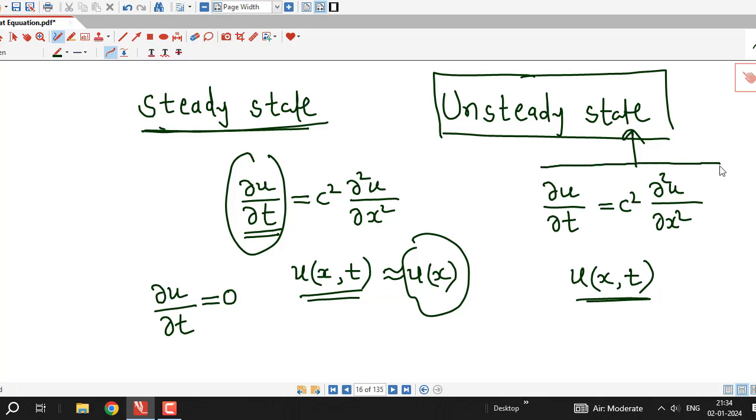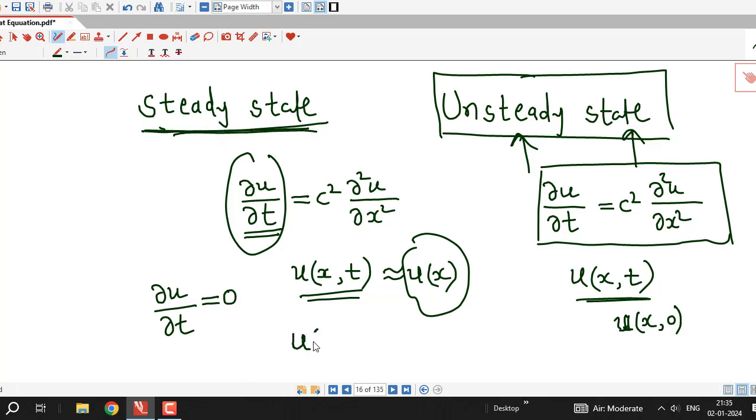The questions which we have discussed on heat equation in earlier lectures, in all those questions we have taken unsteady state situation. Now sometimes you are not given the initial condition for unsteady state, but you are given the steady state condition. So using that steady state of the system, you have to first decide what the initial condition is for the given problem, and then you will be able to decide the solution of the unsteady state problem.